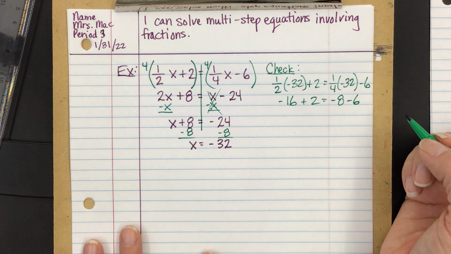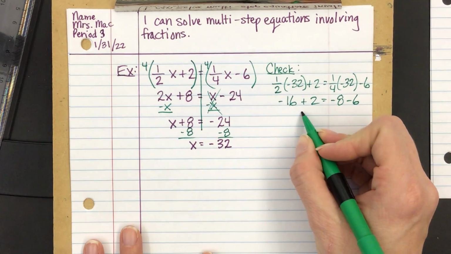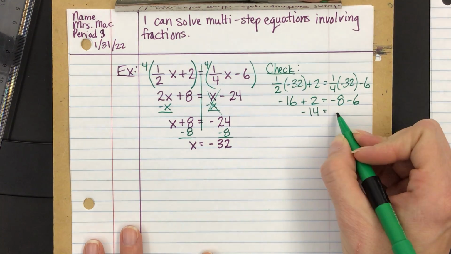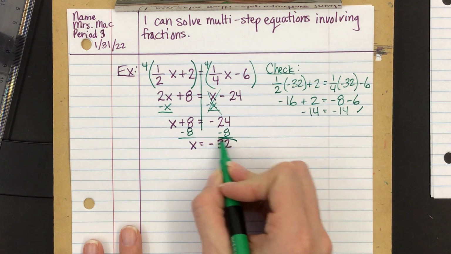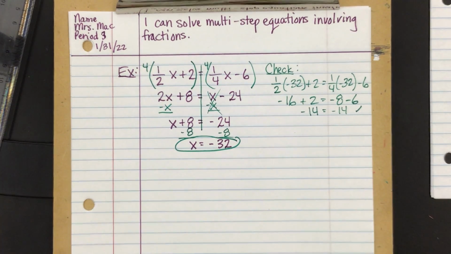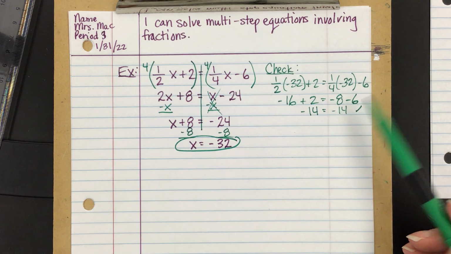If, say there was like parentheses around the x and the 2, would you still multiply 4 by those things? No, only the number on the outside. Yes, and I'm going to do an example like that next. All right, and then -16 plus 2 is -14. -8 minus 6 is -14. So we know that our solution of -32 is correct. So that only took me a short time. So if it's going to only take you a short time to check it, you should.